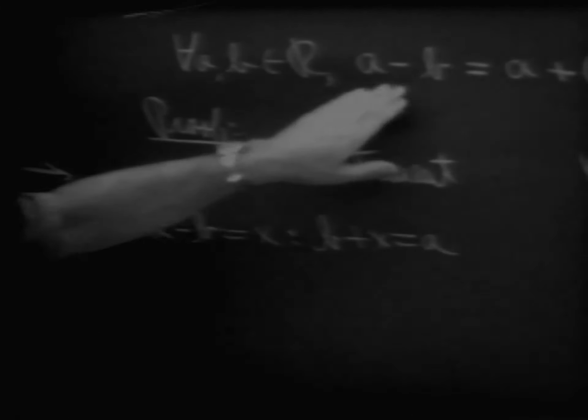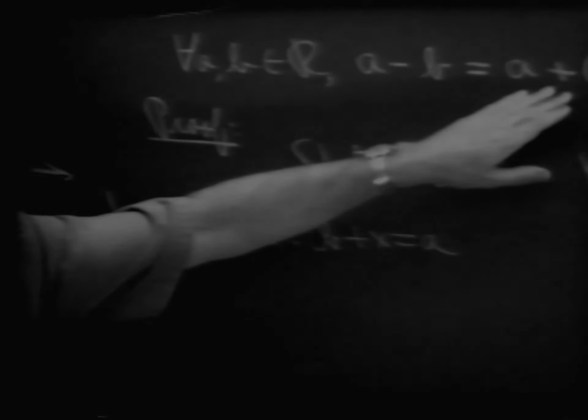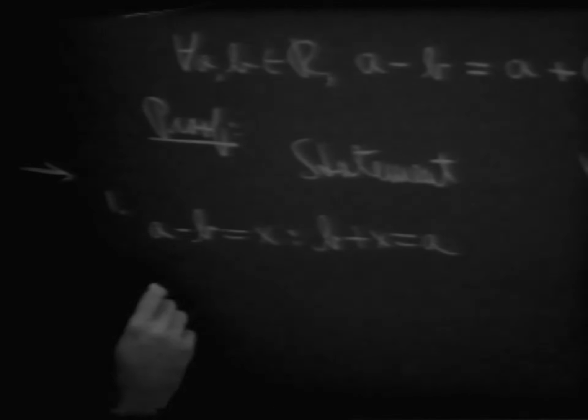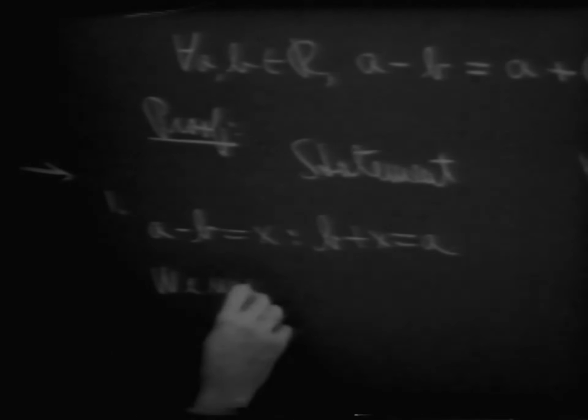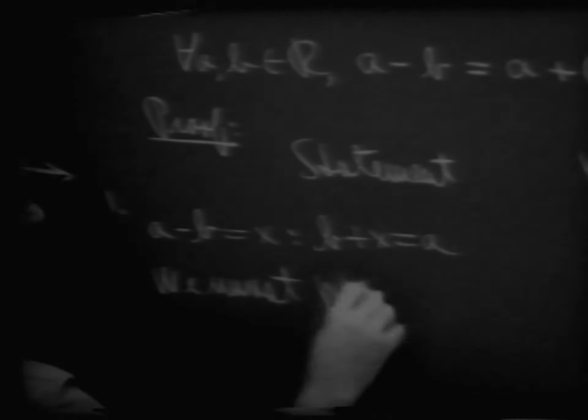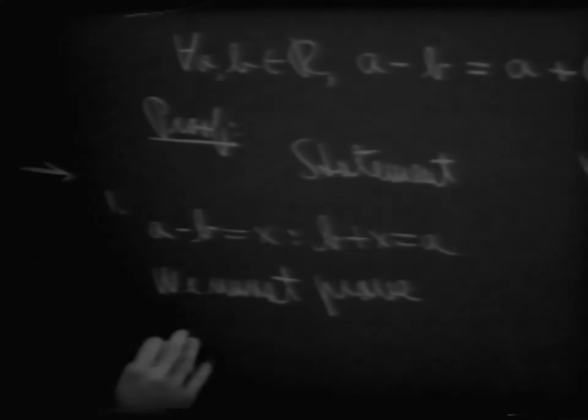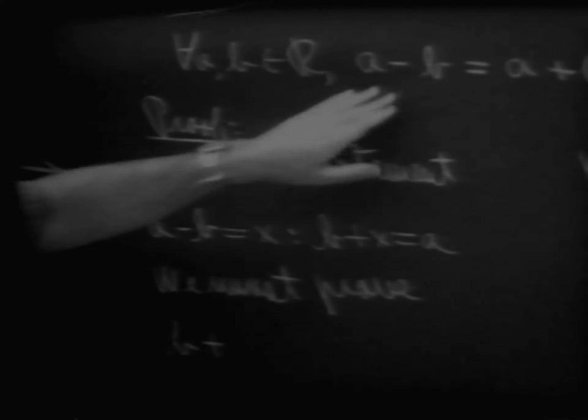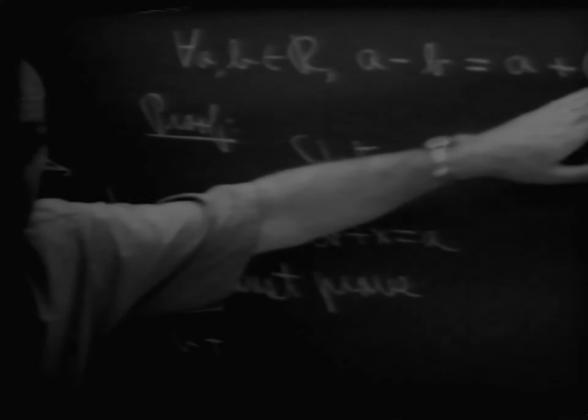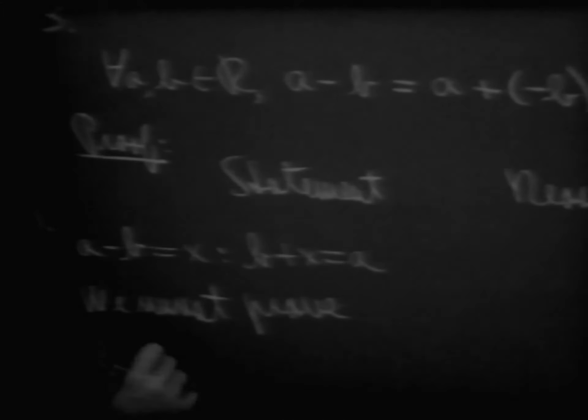Is that right? So if this statement is going to be true, all right, what then do we want to say? We must prove that B plus, now this element x is unique. Okay? So if I'm saying that A minus B is A plus the opposite of B, okay, another name for x that I can put in here is what?